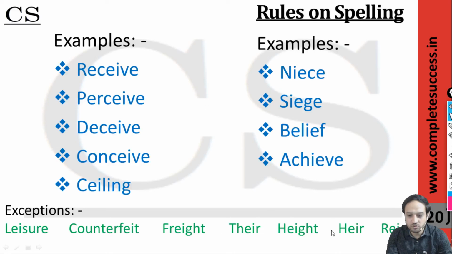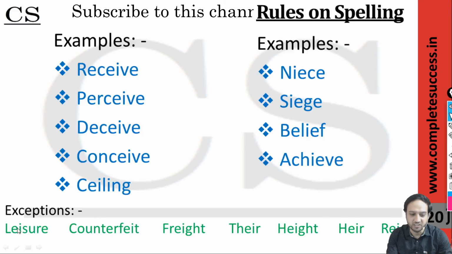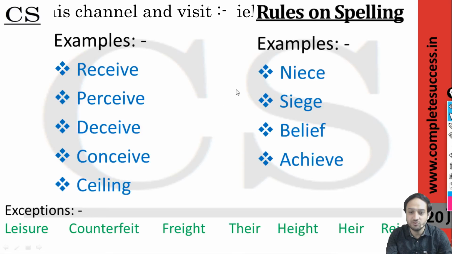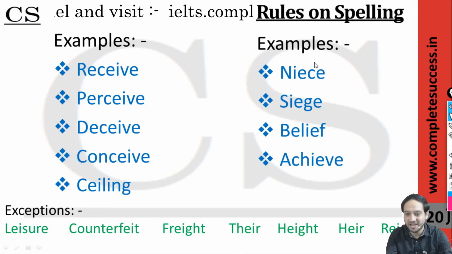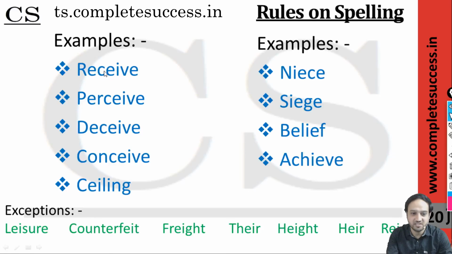These are the words in which we have kept the order as EI even if there is no C. So except these words, whenever we use I and E, we'll keep the order IE. Else, if there is a C, then we keep the order EI.